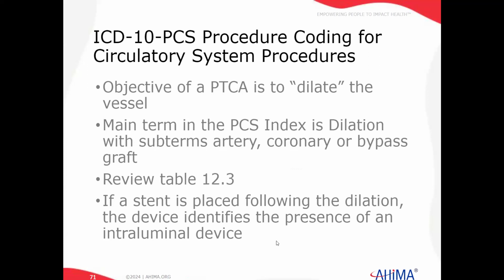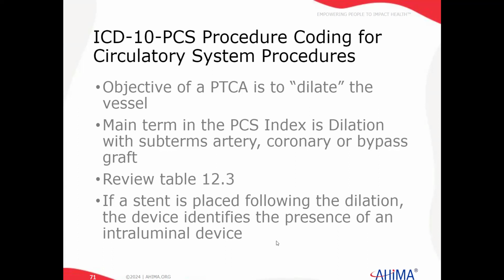The objective is to dilate. So the main term in the PCS index is dilation. And then the subterm, what are we dilating? The artery. What artery? The coronary artery or the bypass graft. Many times patients who have coronary artery bypass surgery will eventually need a bypass graft.